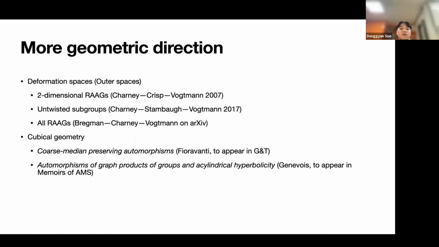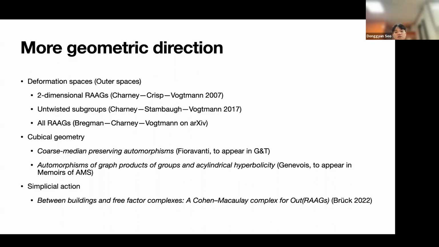For right-angled Artin groups, the coarse median preserving automorphisms are all untwisted. And Genevois focused on just the automorphism group of the right-angled Artin group, but his result is very fancy. He classified all conditions for the acylindrical hyperbolicity of the automorphism group of the right-angled Artin group.